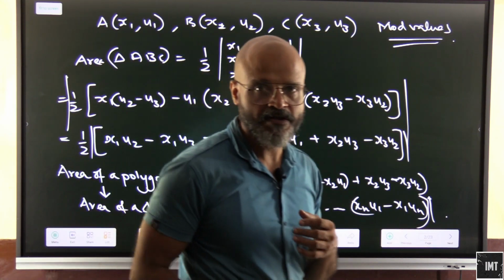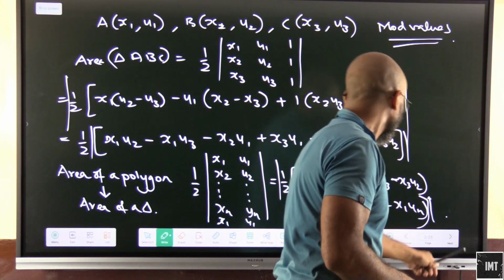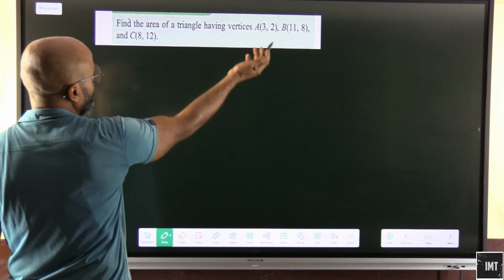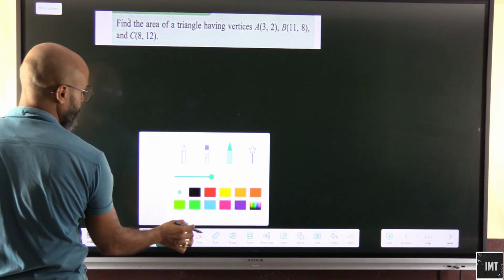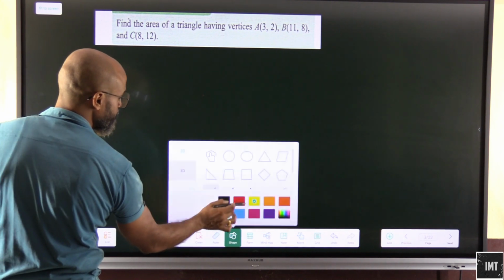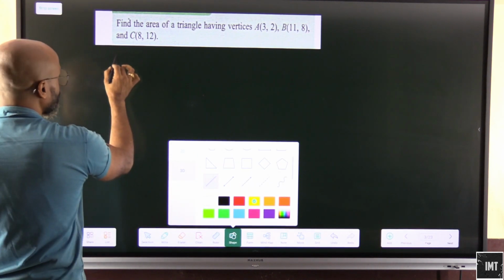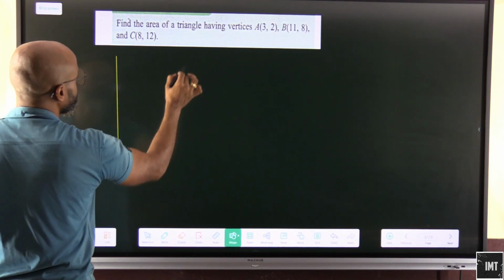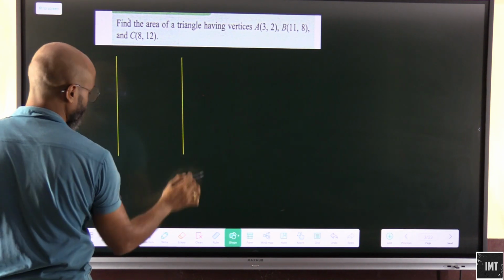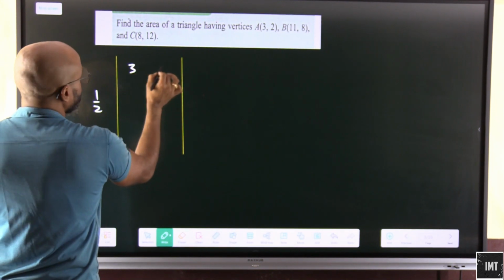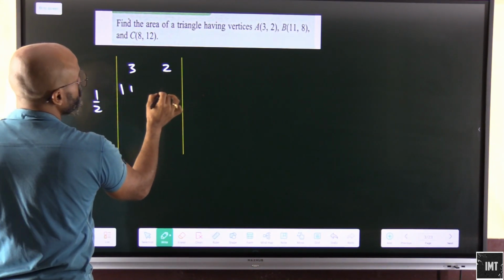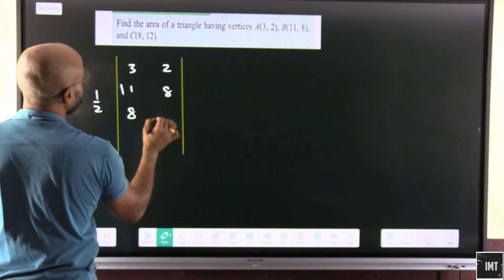Okay, let's move on. Find the area of a triangle, very simple. We just keep this as matrices. The area of the triangle will be half of the determinant with x1 y1, x2 y2 and x3 y3.